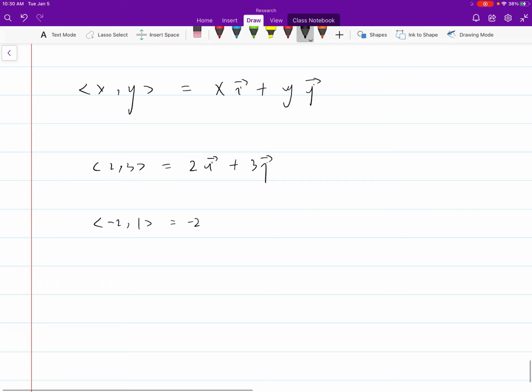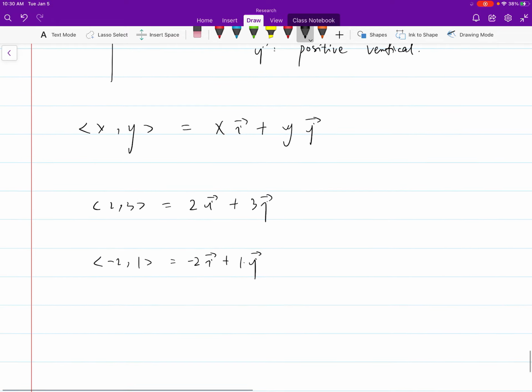And if you have (-2, 1), that basically means go negative 2 in the horizontal, where positive direction means going to the right, so negative means going to the left, plus 1 times j.